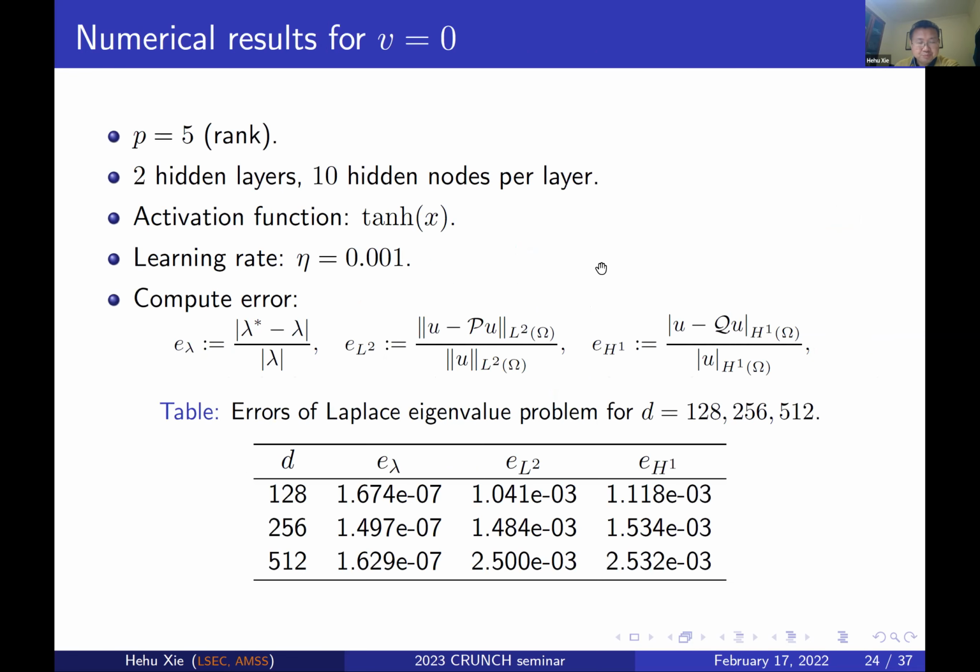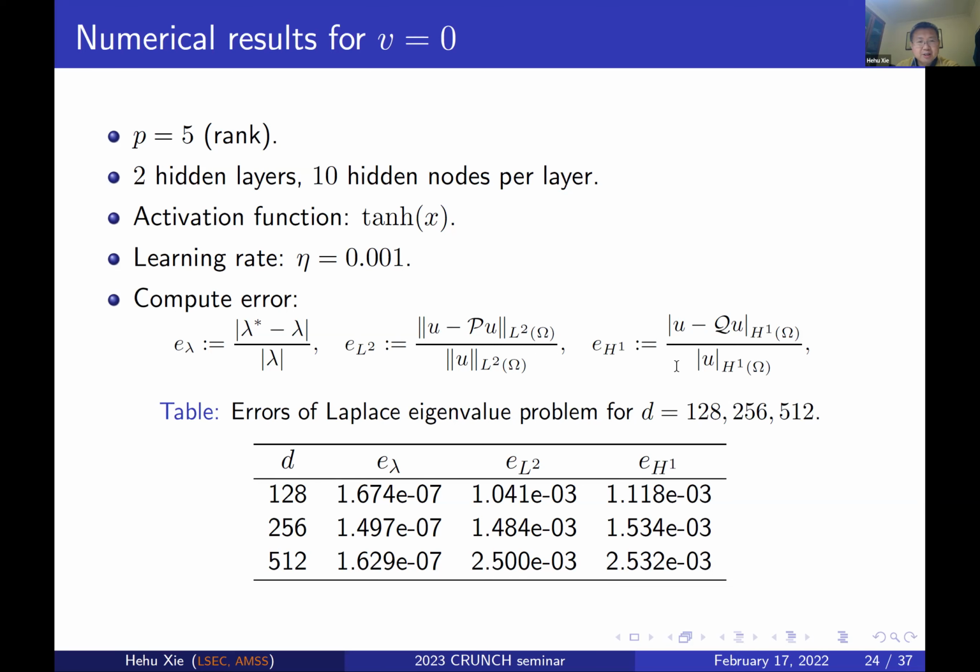Okay, let's introduce the numerical results. For example, for these dimensional cases, we use the rank equal to 5. Actually, the rank is very small, and we use only 2 hidden layers, and in each layer 10 hidden nodes. Then we use this type of activation function, and the learning rate is this.